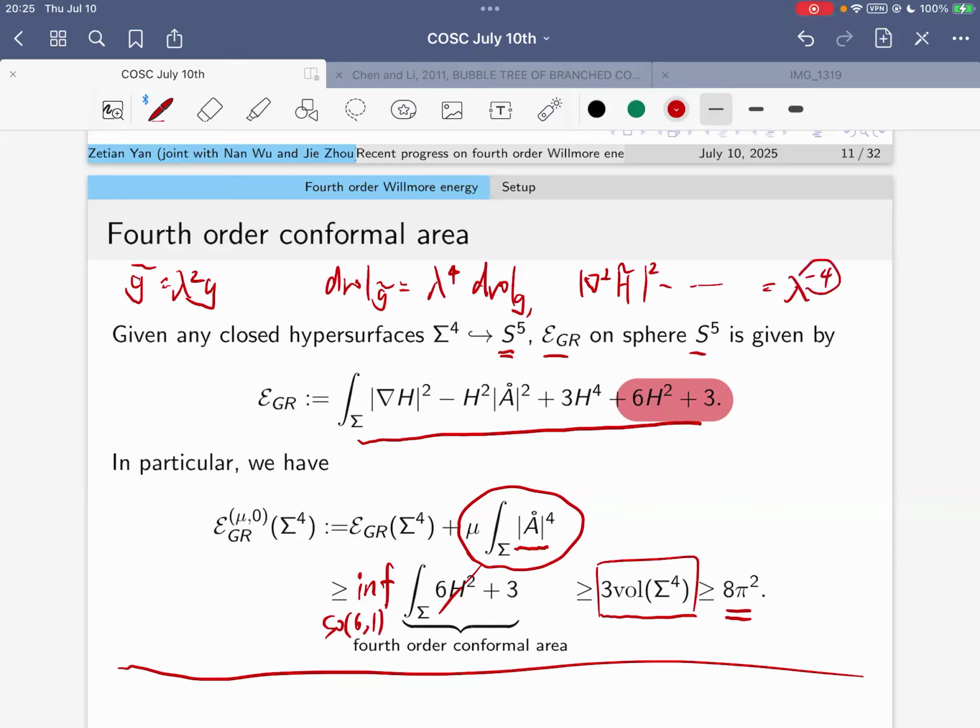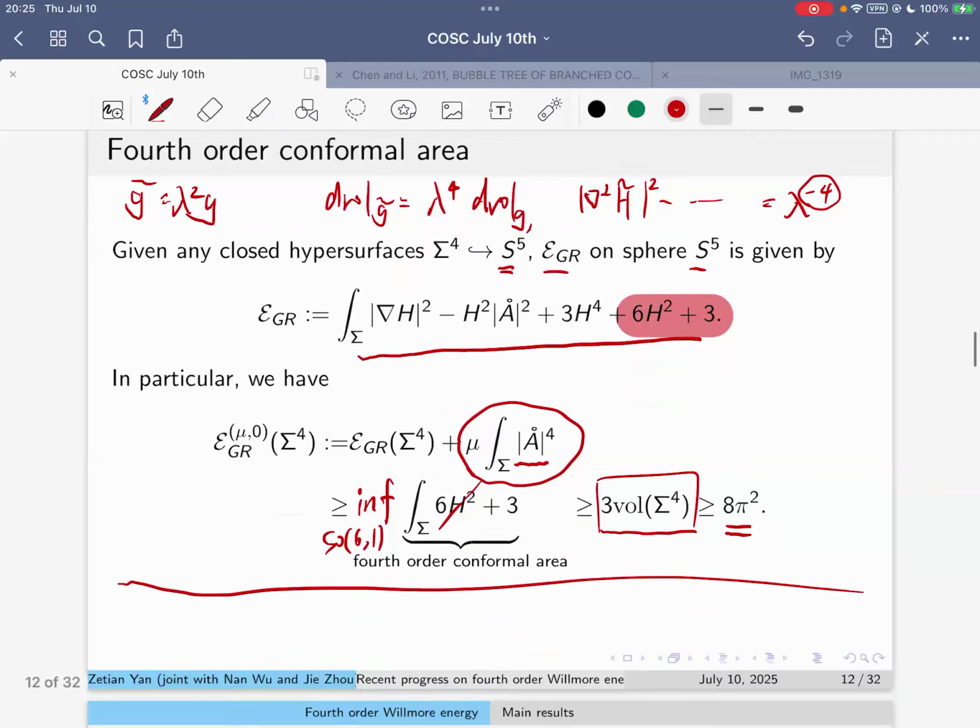So the reason is here, because here is a 4. So we call it the fourth order Willmore energy. Oh, I got it, because you do rescaling. Yeah, that's the reason: under rescaling, the dilation of the integrand is minus 4. Yeah, now I get it.